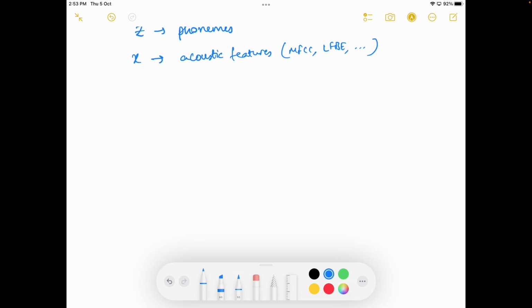Right? So to convert them into words, you define that this sequence of phonemes maps to this word, and this sequence of phonemes maps to that word. And we generally do it with the help of finite state transducers, FSTs. I will teach FSTs also in one of the classes.